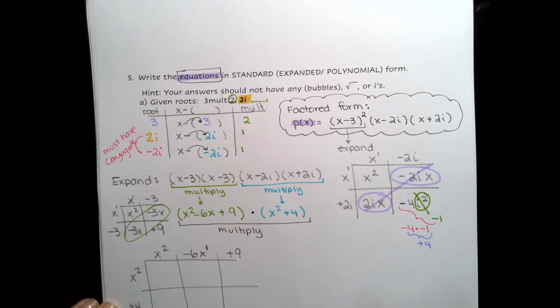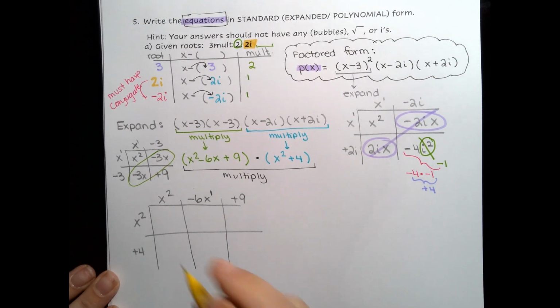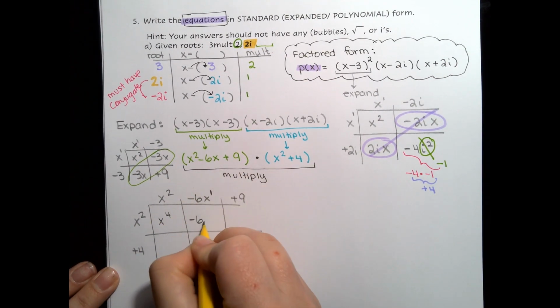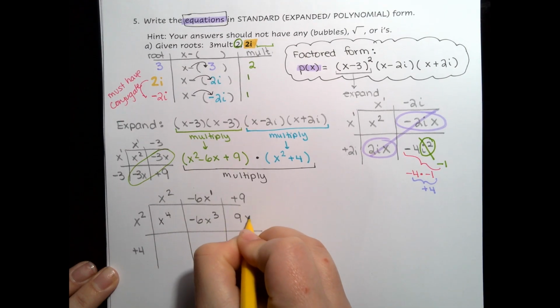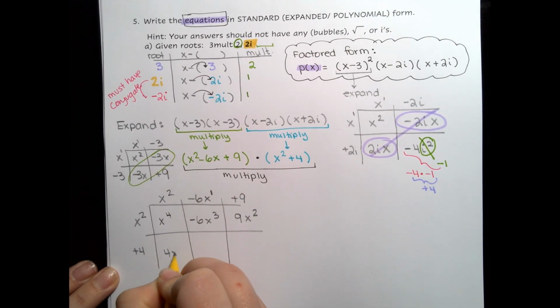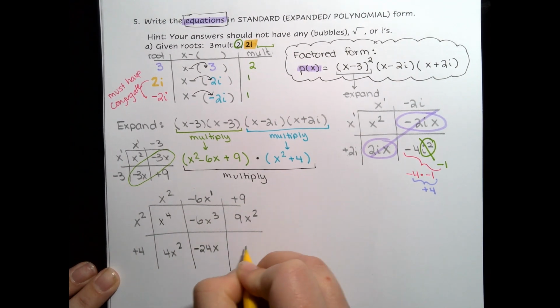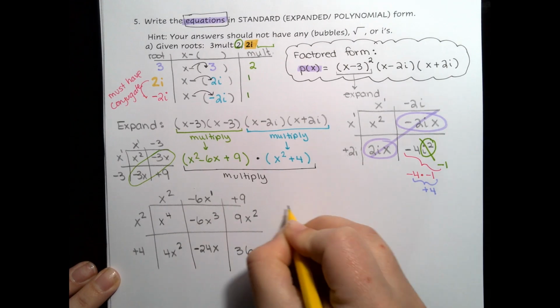Remember, you're adding your exponents together. So 2 plus 2 is 4. 2 plus 1 is 3. 4 times 6 with a negative is negative 24x, and then positive 36.